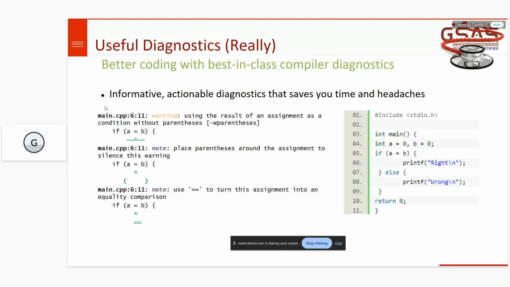So never ever ignore the warnings given by compilers. In this case, you can see it's a warning, it's not an error. If you look at the warning carefully, it will also give you a note on what corrections to make to overcome that warning. So these are the diagnostics implemented in ARM compiler 6, which were not there in compiler 5.